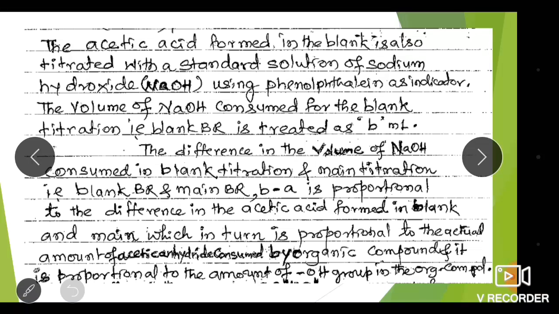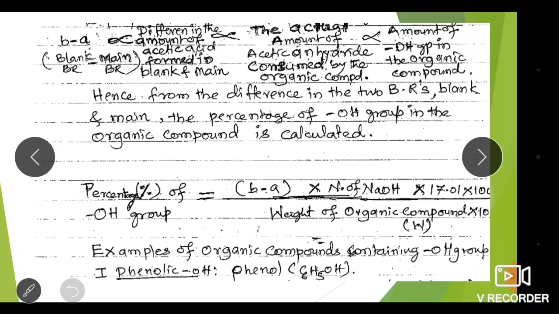Means what? The difference B minus A, the blank titration reading minus the sample titration reading, is directly proportional to the amount of acetic anhydride consumed by the organic compound, which is nothing but the amount of hydroxyl group present in the given organic compound.